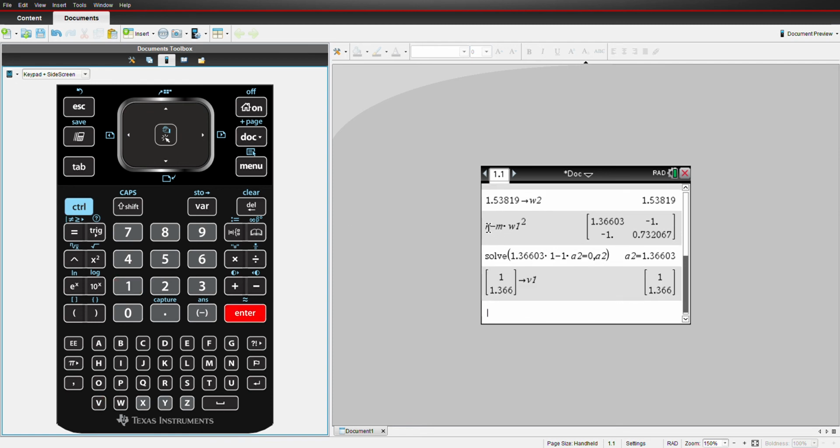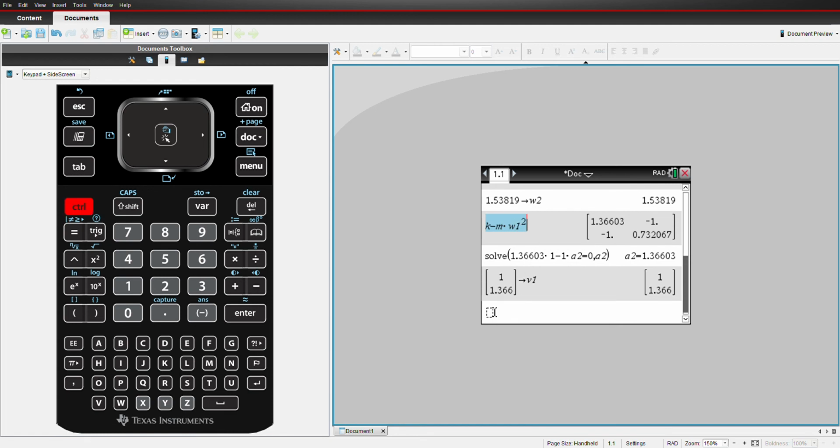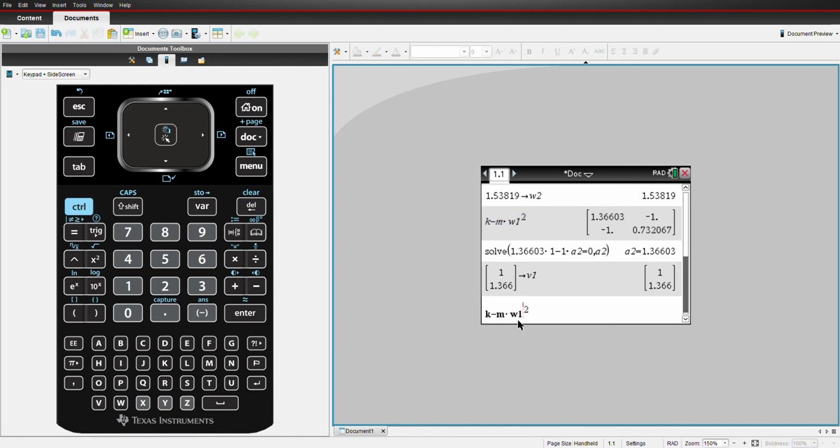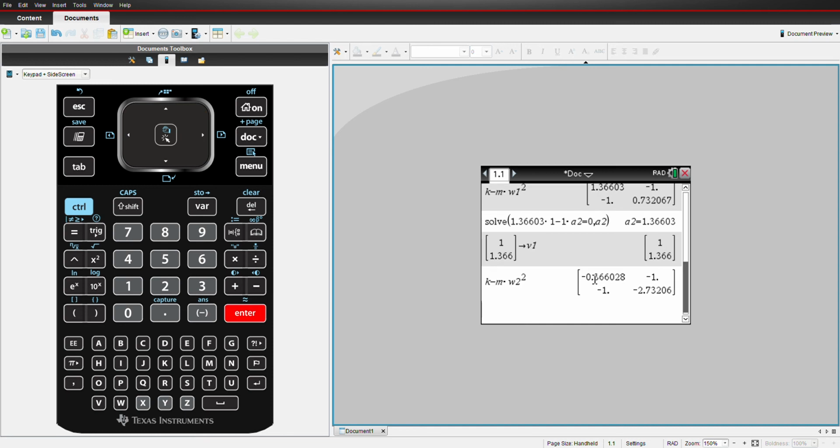We also need to do the same for omega 2. So K minus M times omega 2 squared. And we get this matrix. We'll do the same thing as we did up here. Solve.